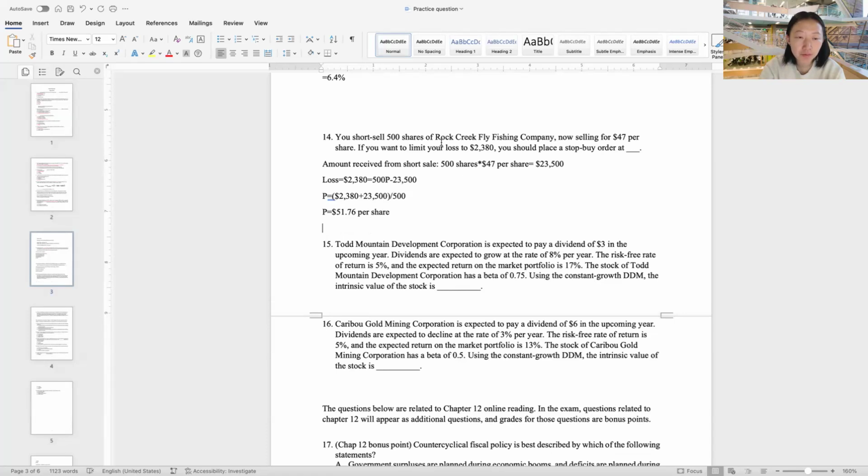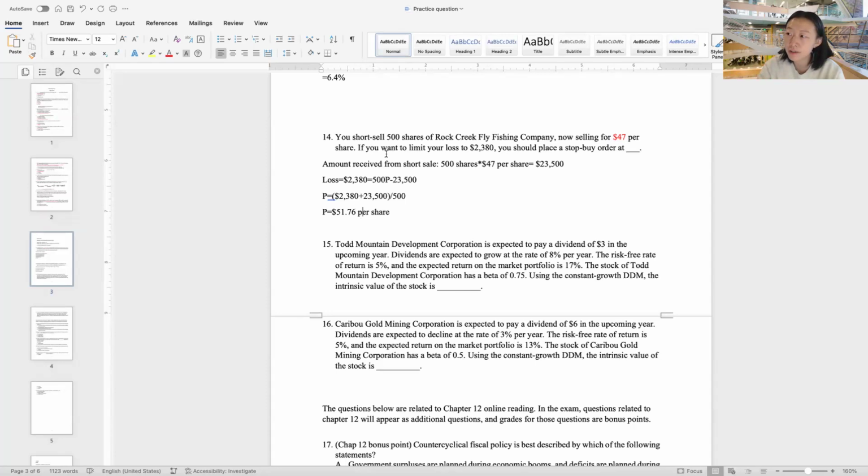Right? When people short sell at the initial price of 47, they don't want to see the price go up. They want to see the price go down, because they short sell now. That means they sell the shares now and get the proceeds from the broker. To close out the position, they need to return the broker the shares.